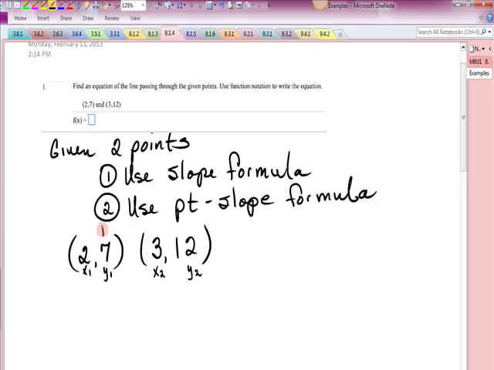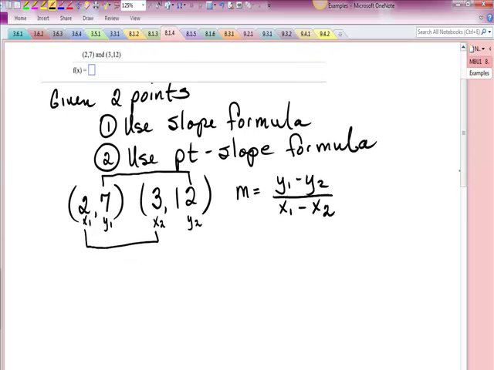The slope formula, at least the way I use it, I have the difference of the y's on top, difference of the x's on bottom. Slope is equal to y1 minus y2 over x1 minus x2. Certainly most textbooks actually put the 2's before the 1's. It makes no difference as long as you're consistent with the top and the bottom.